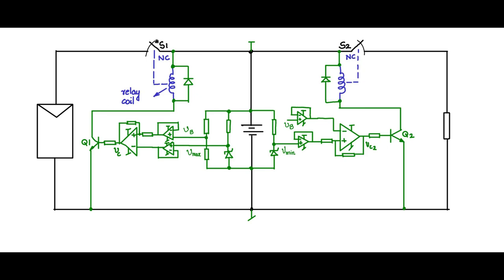So the number of cycles of operation will be very low. It will last many years, because the relays have greater than 10,000 cycles of operation. So using relays is a pretty useful circuit, simple and very inexpensive.